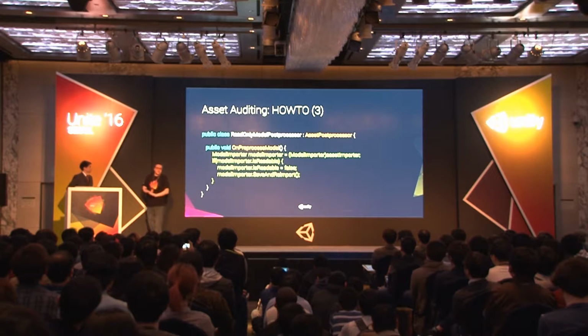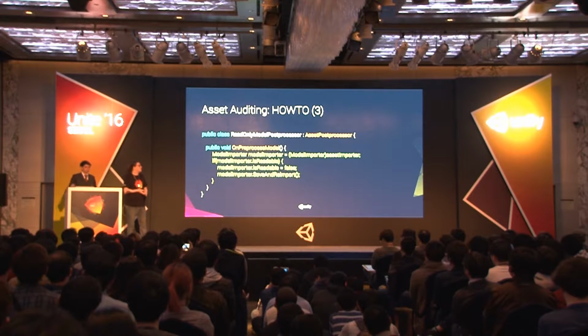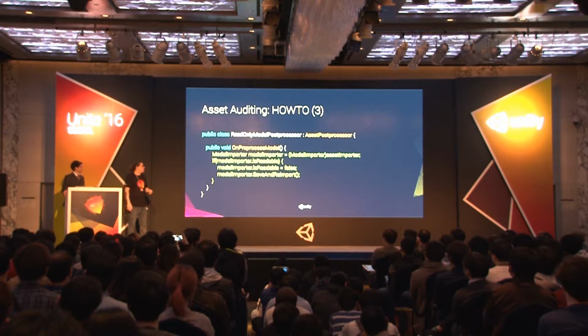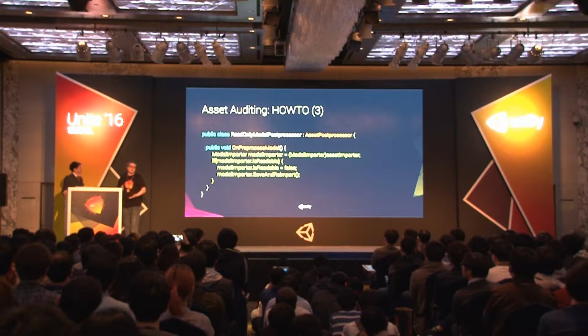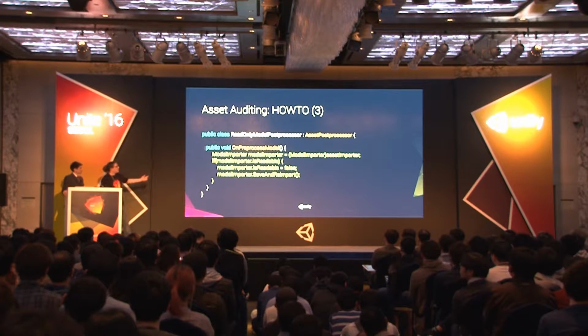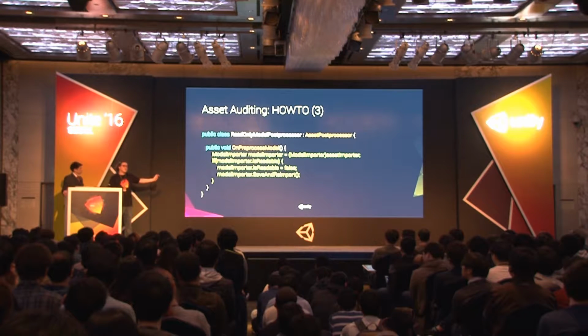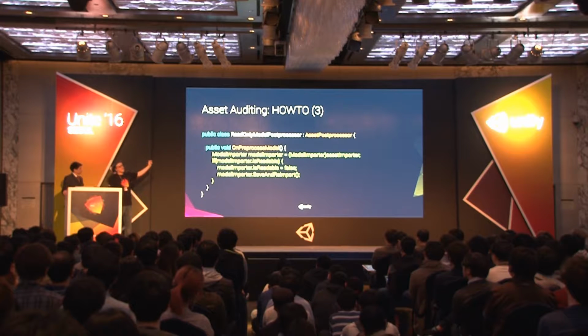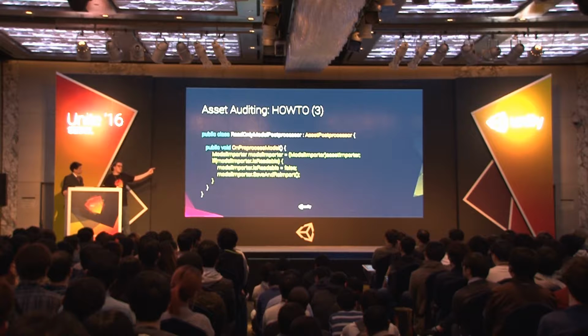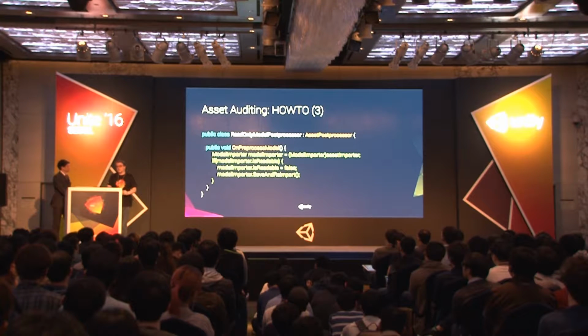So this is the read-write enabled checkbox that you would see in the inspector. If it is true, we change it to false. We then save and re-import the asset. Now at this point, it actually calls this method again, but the ModelImporter will not be readable, so it won't actually do anything. And it will just allow your settings to fall through.